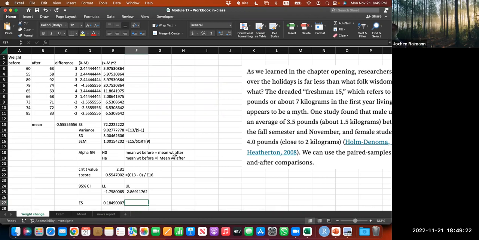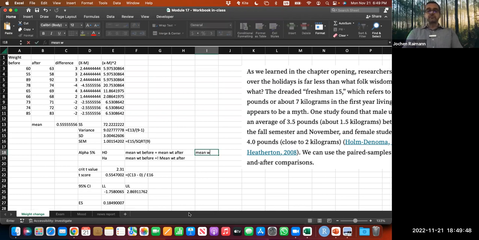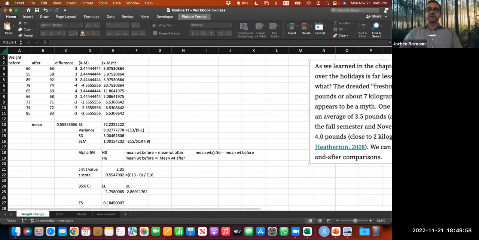Let's say an example could be the thriving of toddlers or fetuses that have a certain anticipated change. Then your null hypothesis would not be that the mean weight before equals the mean weight after. Instead, the null hypothesis would change to: the mean weight after minus the mean weight before is greater than a certain anticipated change.